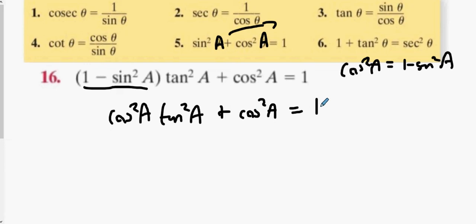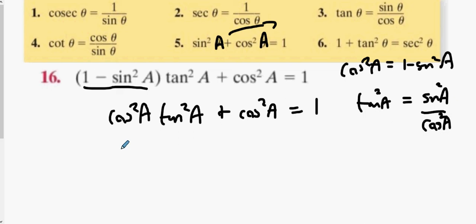Alright. How many people subbed out tan A for sine A over cos A? Is that what you guys did? Yeah, I think that's the best way. I'll show you 2 ways, alright? I'm going to say that tan A equals sine A over cos A. In that case, what's tan squared A? Exactly.